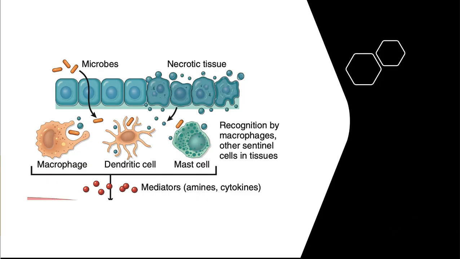Inflammation is induced by chemical mediators that are produced by host cells in response to injurious stimuli. When a microbe enters a tissue or the tissue is injured, the presence of the infection or damage is sensed by resident cells, including macrophages, dendritic cells, mast cells, and other cell types.